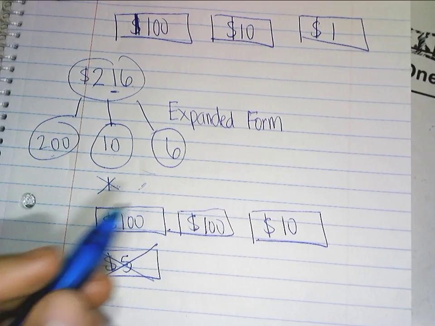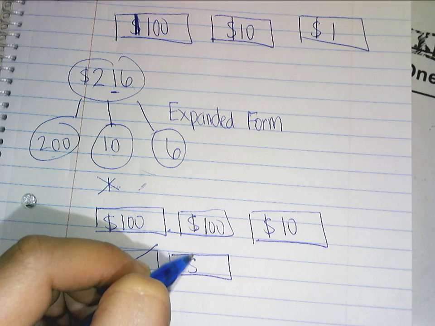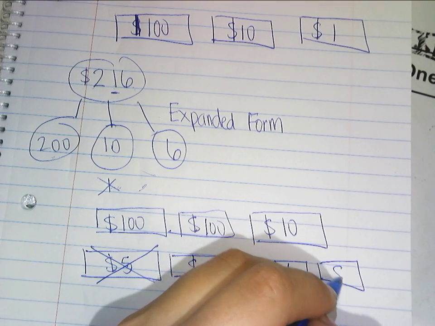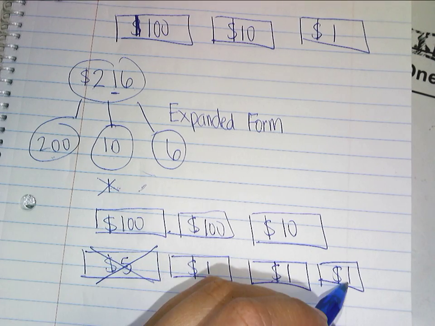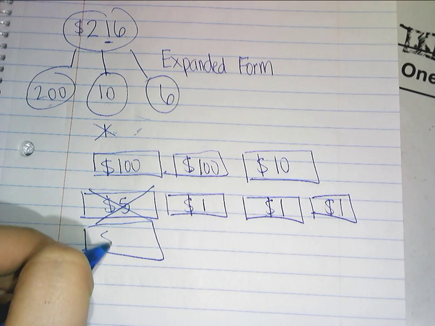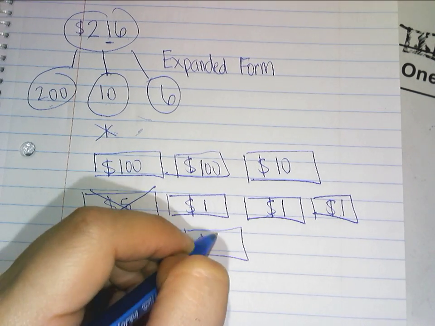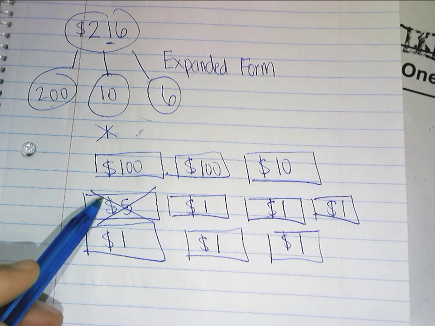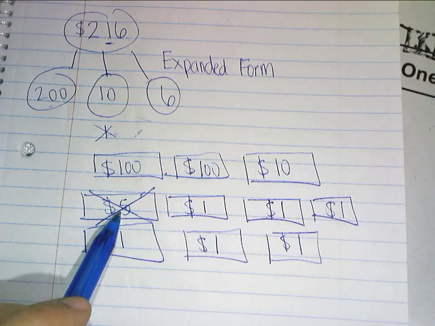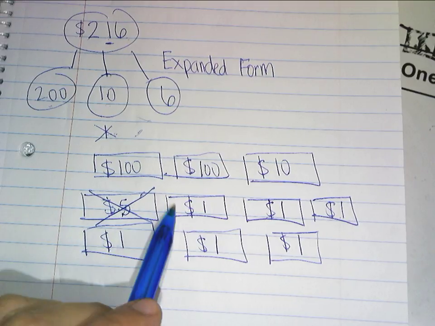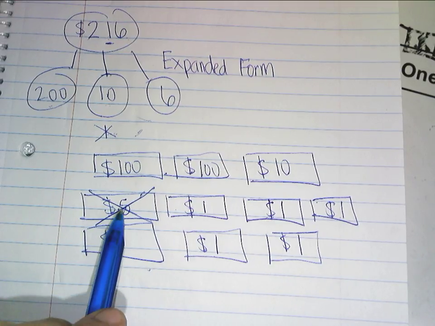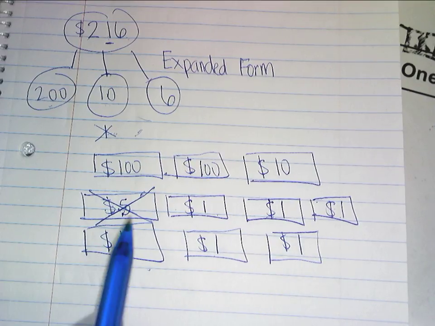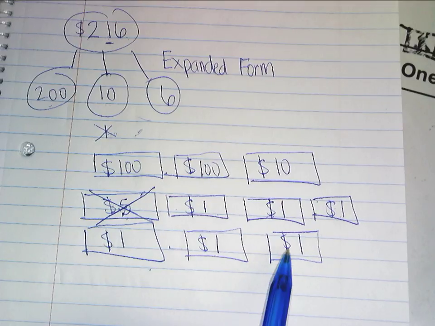So I need to change that into $1 bills. Okay, so I have to kind of count by ones right now. So it's 1, 2, 3, 4, 5, 6. The reason why we're not using that $5 bill right now, which you could in real life, but right now we're just practicing counting using ones, not counting by fives. Okay? So you need to actually change that 5 into 5 ones and then add one more to make 6.